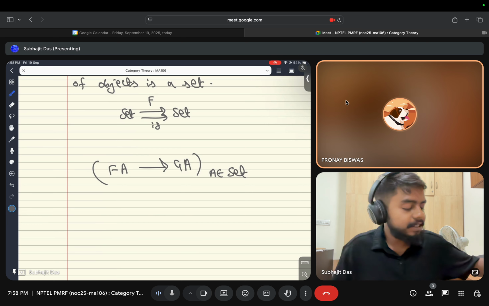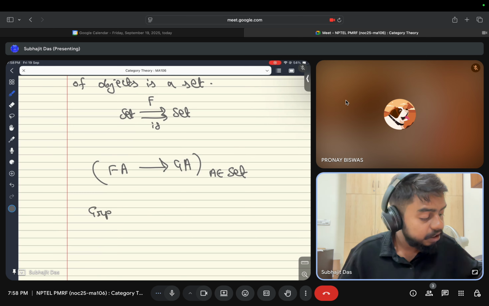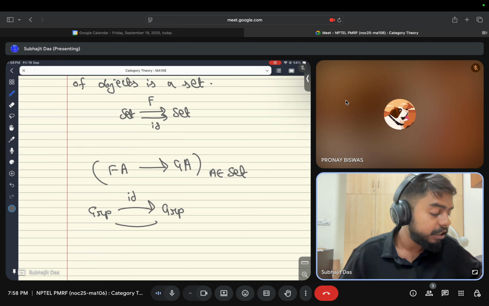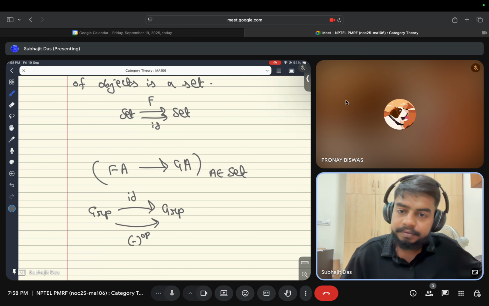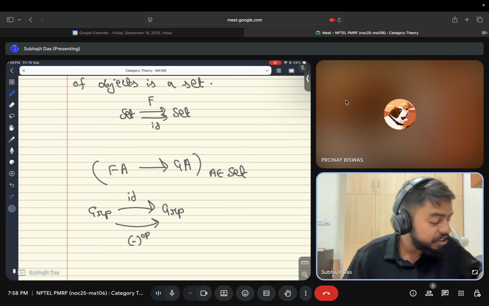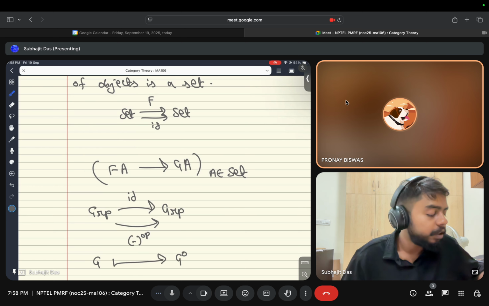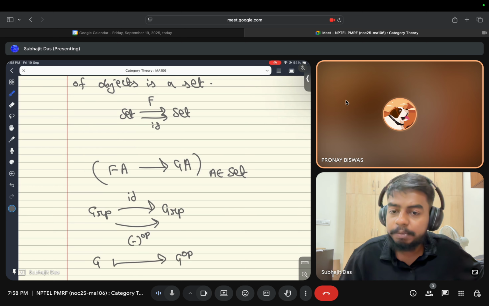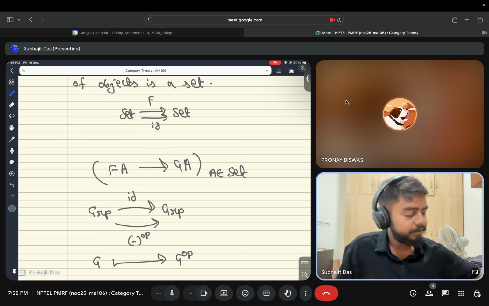So what you are saying is you are taking GRP to GRP, you are taking identity on GRP, and GRP to GRP, you are taking the functor OP, sending G to G up. So when you say G up, you are thinking of G as a category.